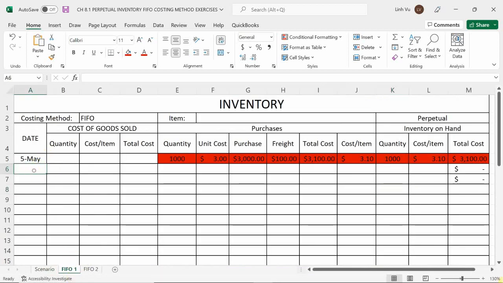So in this case, it's May 7. Did I sell my unit? Did I sell my inventory? You're going to take 550 out of the quantity. Correct.